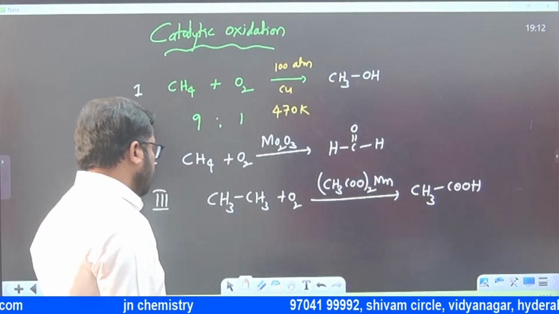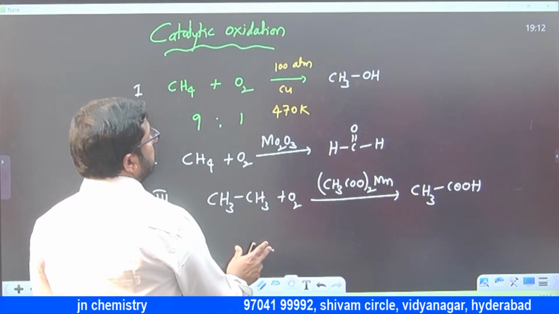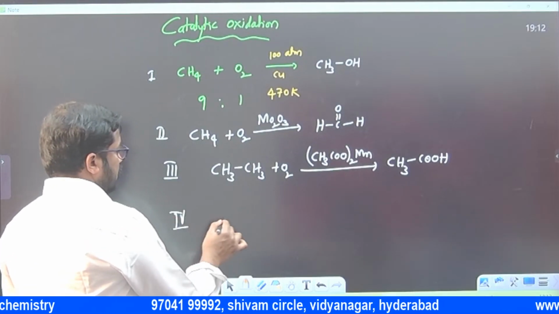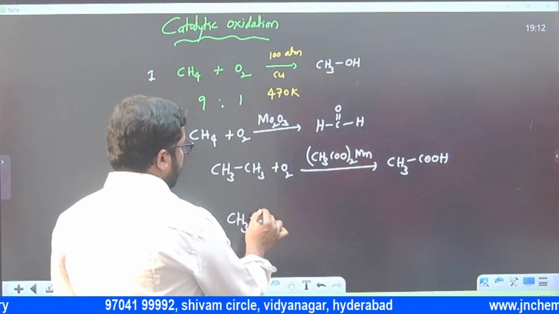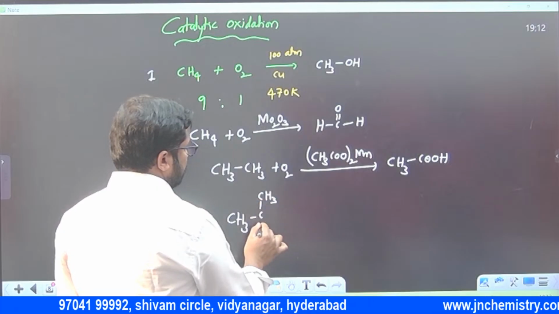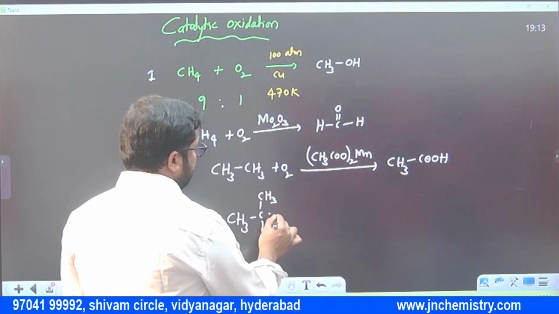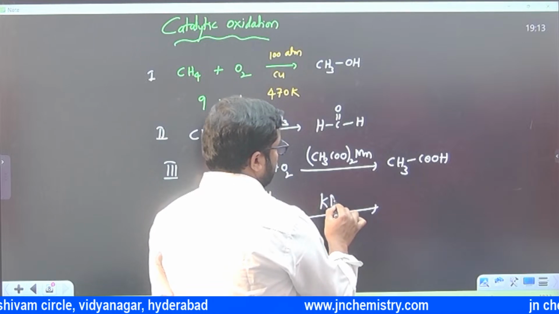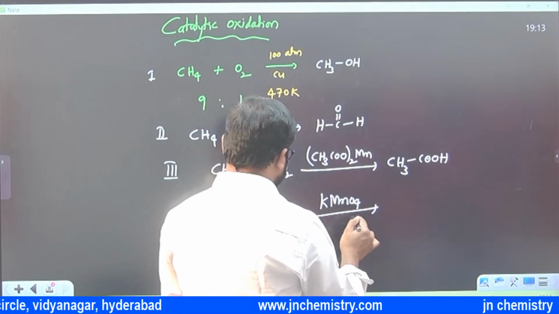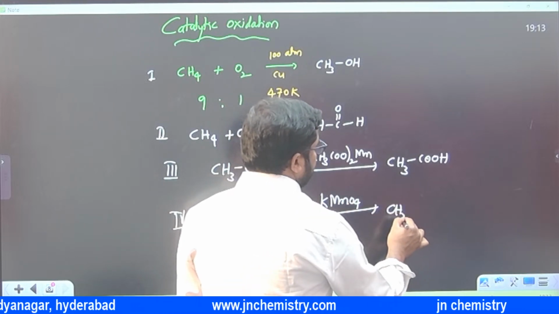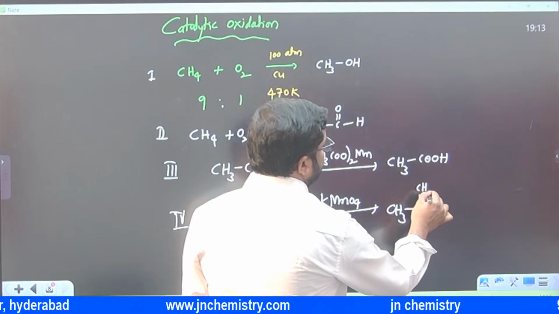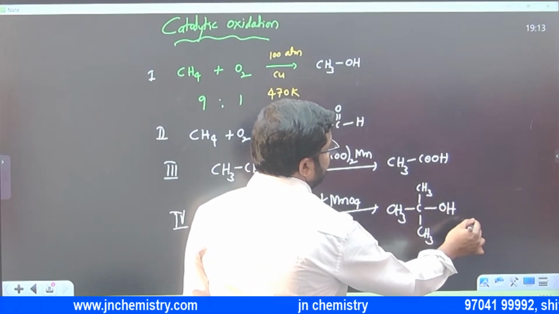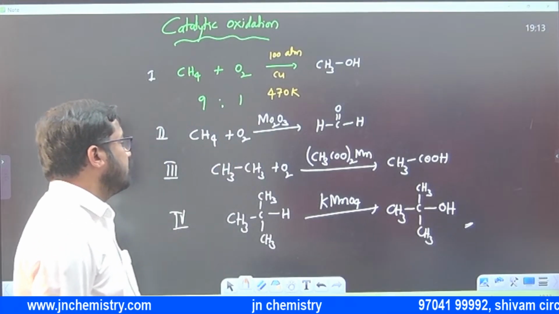Next, the fourth reaction, 3 degree hydrogen. In NCERT, they have given the same as it is, so we need to go with the NCERT flow. So 3 degree hydrogen is only converted into alcohol. Write it down.